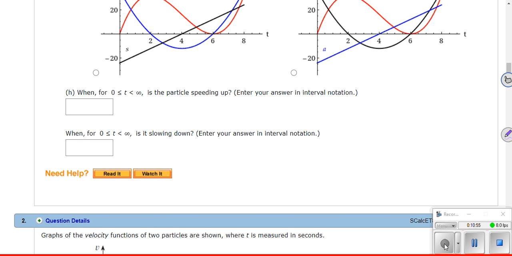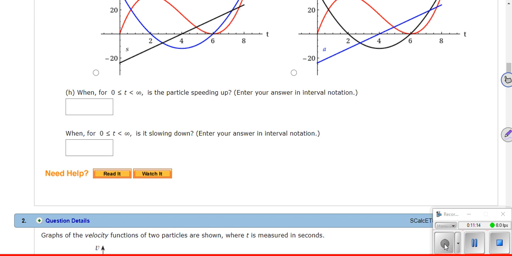Now a couple of other things. It says, when is it speeding up? When is it slowing down? So here's what's important here. When it is speeding up, what do we know?